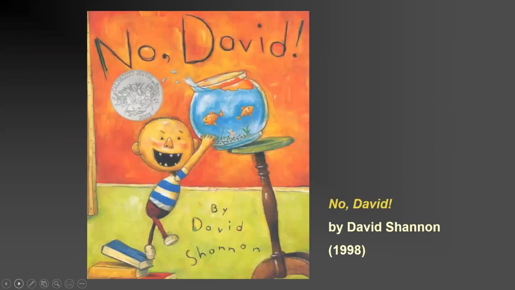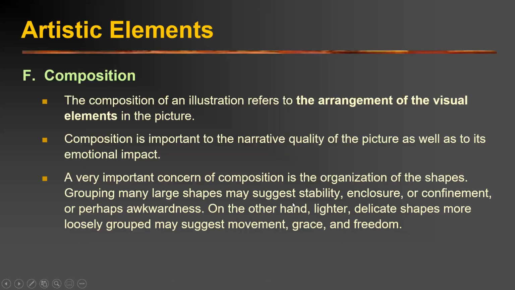Let's see. Right. So we have combinations of large shapes and smaller ones. Right. So as we look at it, the larger it is, the more emphasis is given. Right. And perhaps it may portray awkwardness or intimidation as well in other cases.